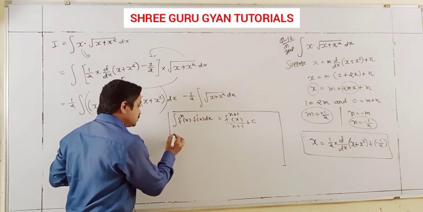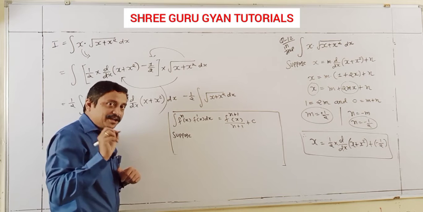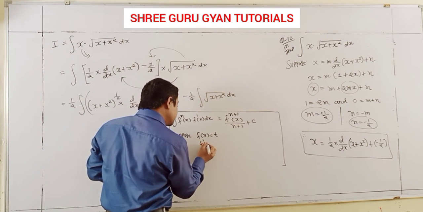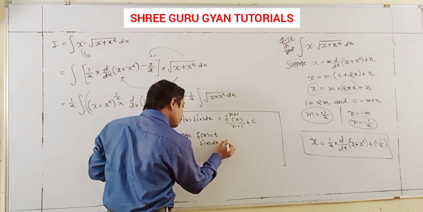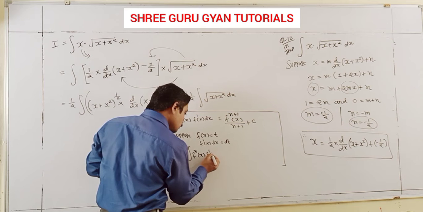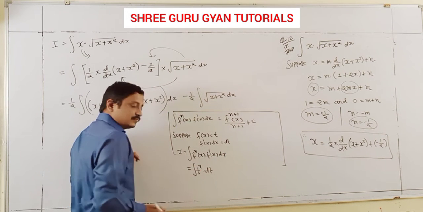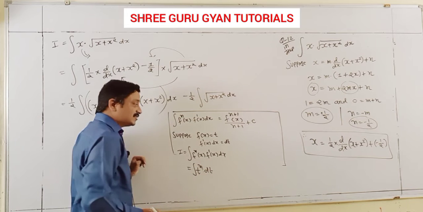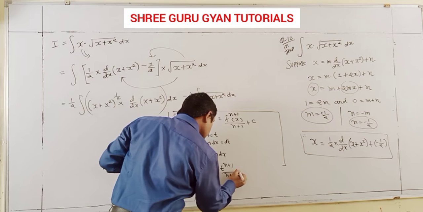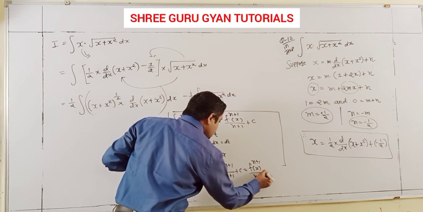So look, suppose this property I derive here: f of x is equal to t, f dash x dx is dt. So your integration of f raised to n of x, f dash x dx, is what? t raised to n dt. And t raised to n I know that. What? t raised to n plus 1 by n plus 1. It means f raised to n plus 1 of x by n plus 1 plus c.